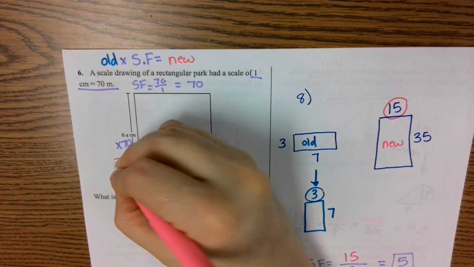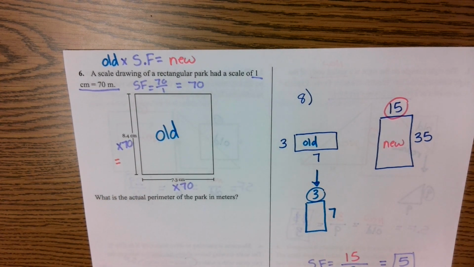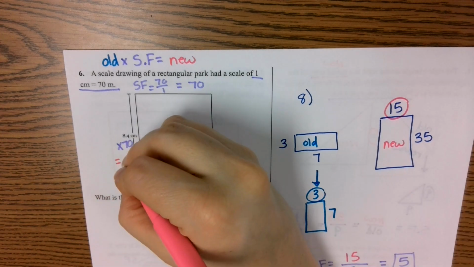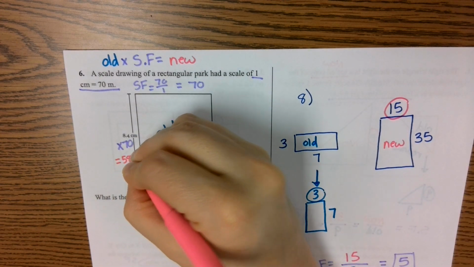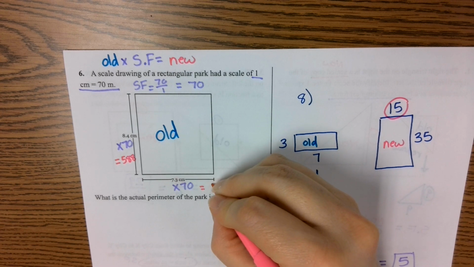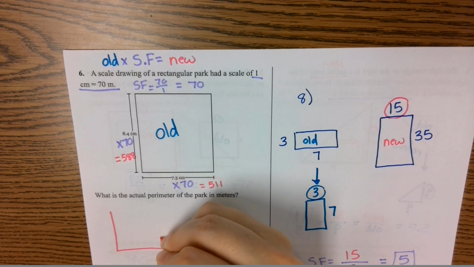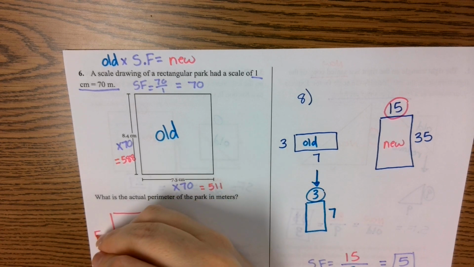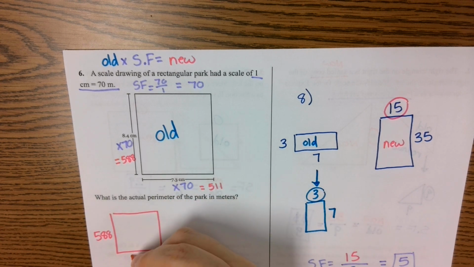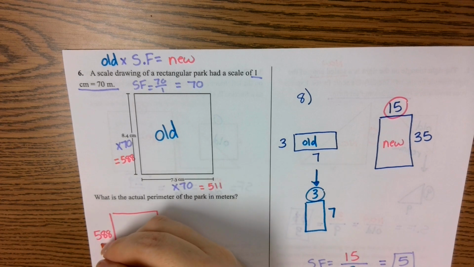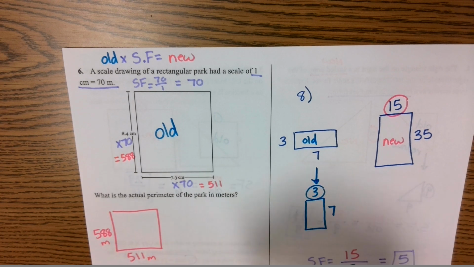When I do so, that's going to give me the dimensions for my new rectangle. That would be 588, and this one's going to come out to 511. That's the dimensions for my new rectangle. 588 meters and 511 meters.